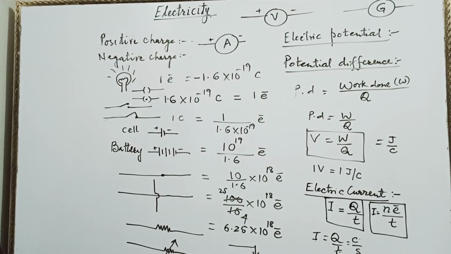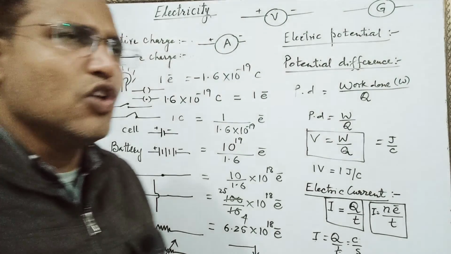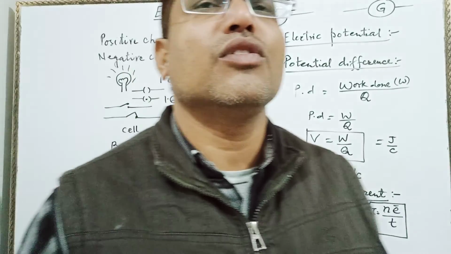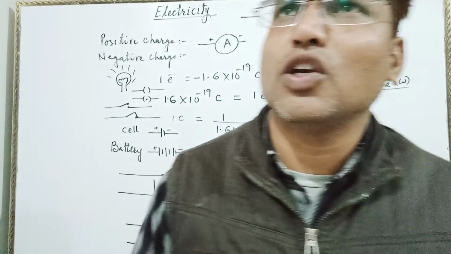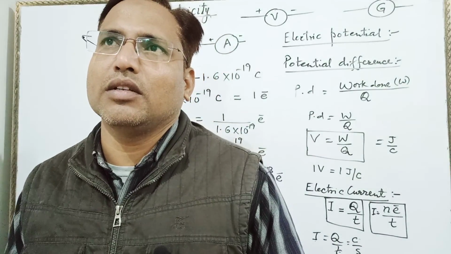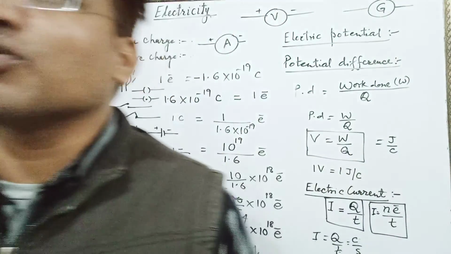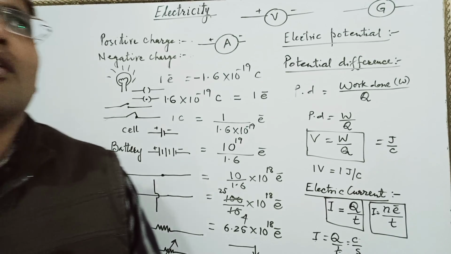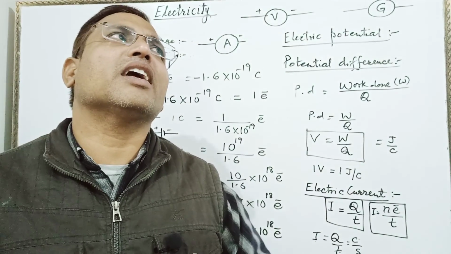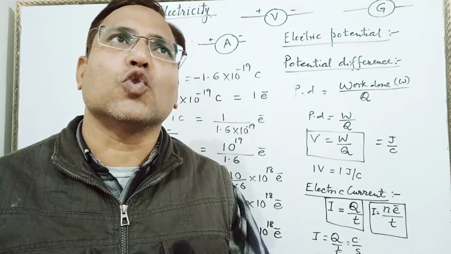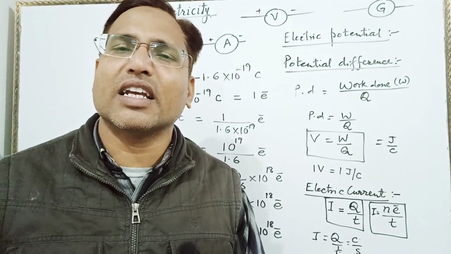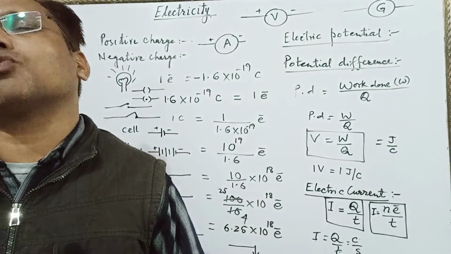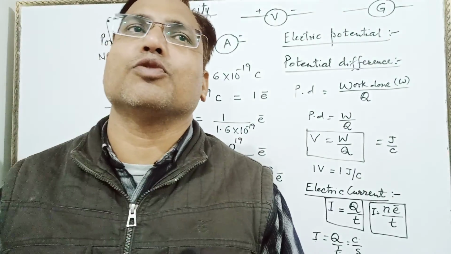Now we have the direction of electric current. The conventional direction of electric current is from the positive terminal to the negative terminal. Or you can say it this way: earlier it was thought that electric current is because of protons, so they used to say that electric current flows from positive to negative. So the conventional one was told as positive to negative, not negative to positive.